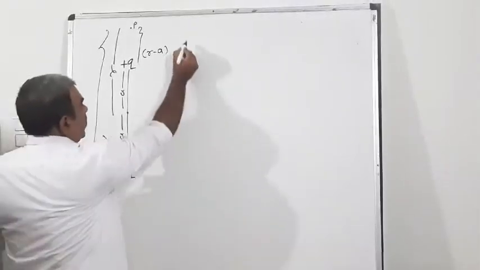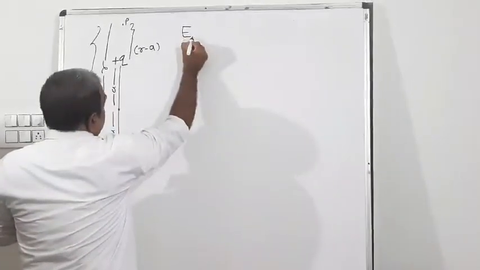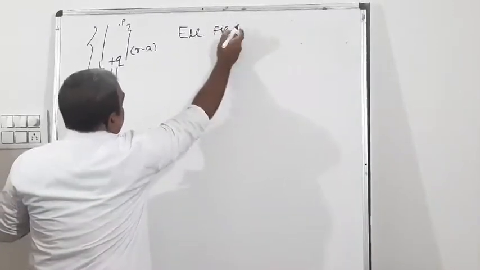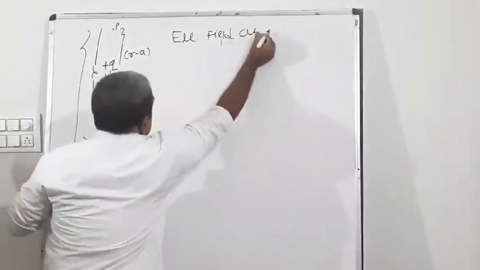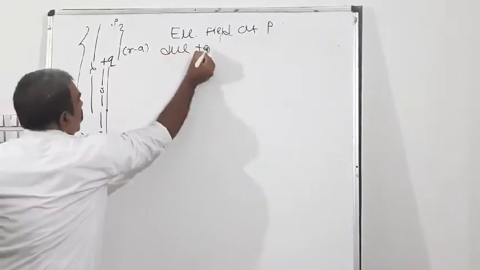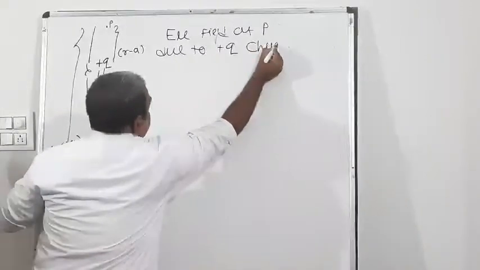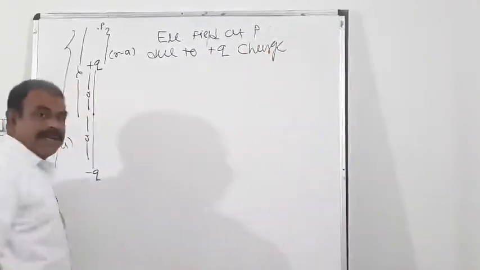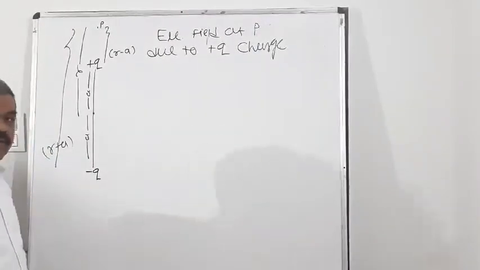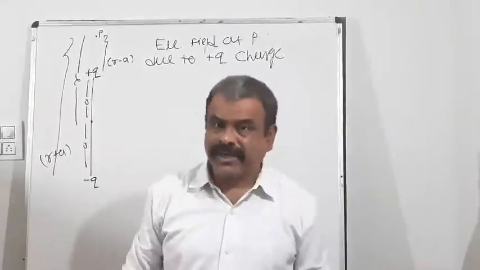Now, the electric field at point P due to the plus Q charge. Yes, as we have gone through in the last lecture, the electric field intensity by a point charge is kQ by r squared.